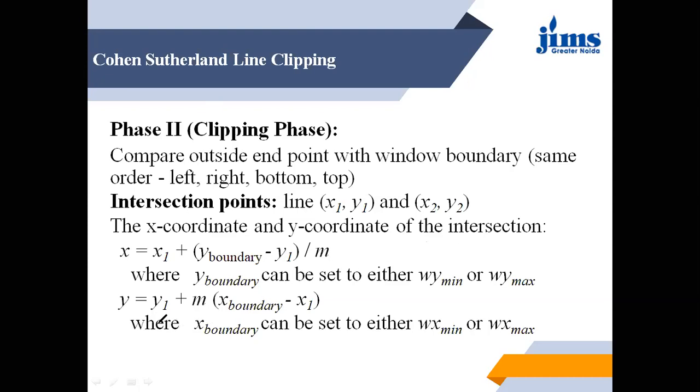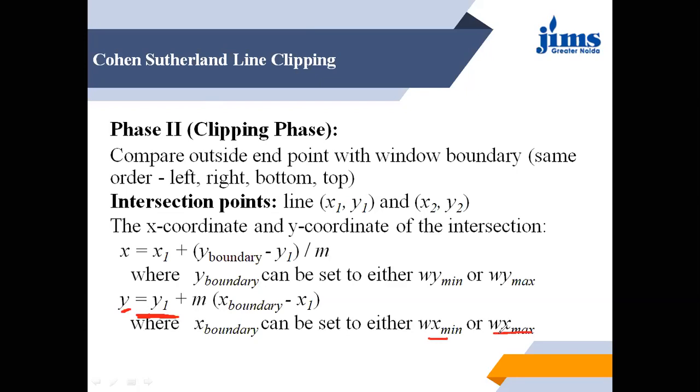And this equation came from the general equation of a line, that is y equals mx plus c. In the second case, when this line cuts the window on the left or on the right edge, then in that case we have to find out the value of y. It means we have the value of x, and the value of x will be wx min or wx max.